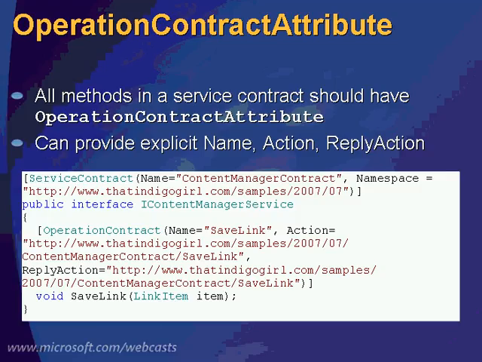Now, you don't have to provide a name, since the name of the method will be inferred. But again, that whole idea of if you want to be explicit so developers know these are things we do not touch, then what you could do is build in the defaults even, which is save link in this case. And then in terms of action and reply action, that becomes part of the SOAP message.